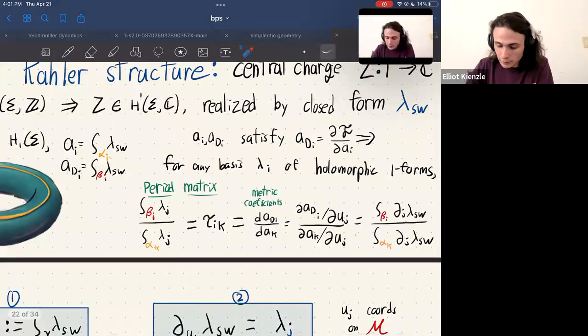And then if we have this, this third variable is going to be just the coordinates on the base, the original ones you started with, where your base is your Coulomb branch. And we can just look at these and we want them to be equal. And remembering that we have this formula for what AD has to be, it's just a period of this Seiberg-Witten form. We know that the Seiberg-Witten form's derivatives have to give us the holomorphic things, right?